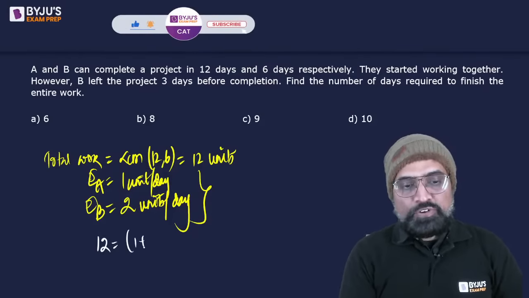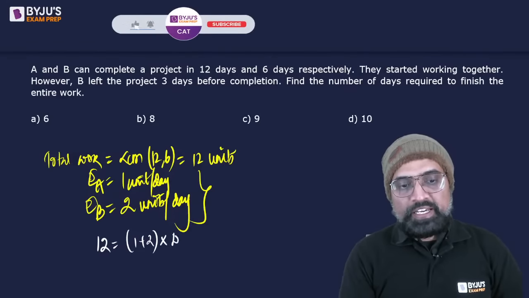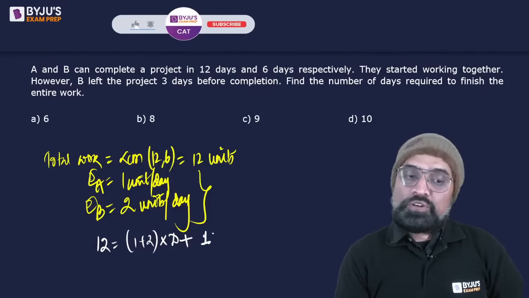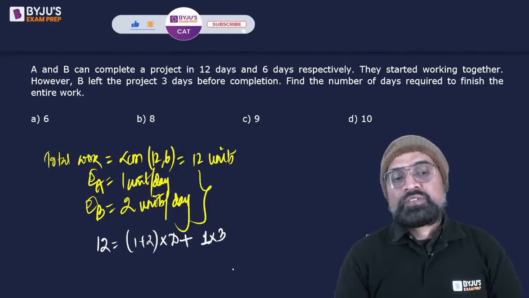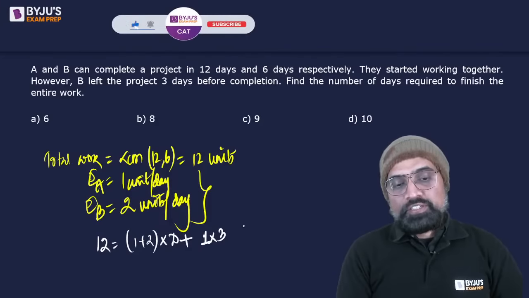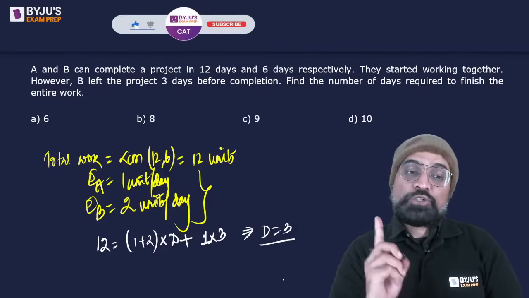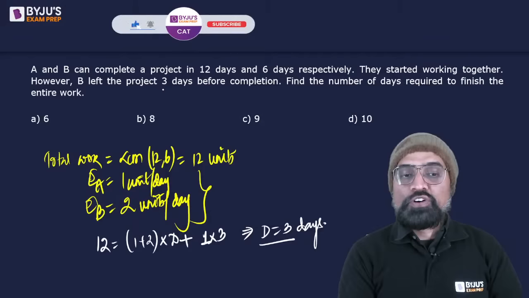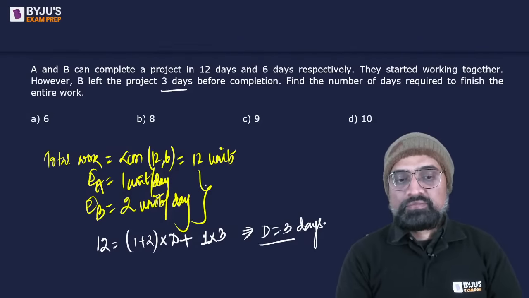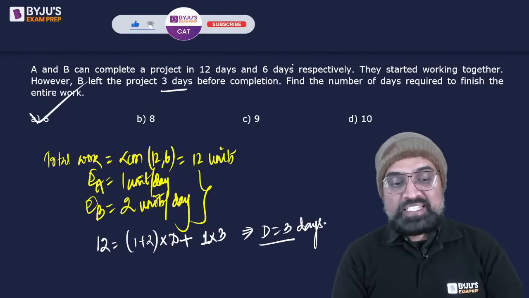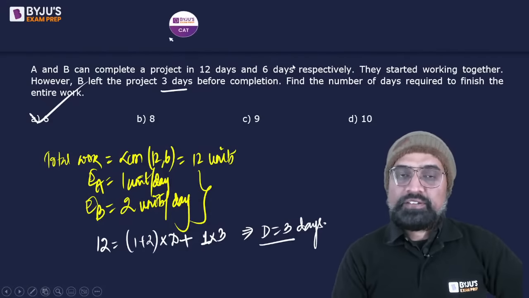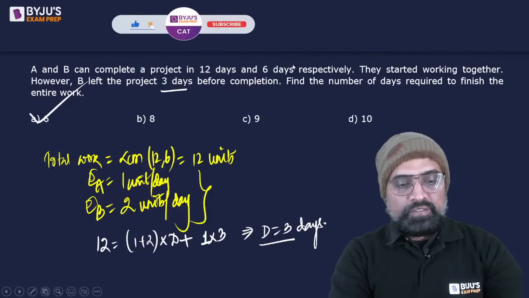A and B are working for a certain number of days. How many days we don't know. And then when B leaves, A was working alone for the next 3 days. So if we solve this, we will get the value of D is equal to 3. That means they together worked for 3 days and then A alone worked for 3 days. So they took a total of 6 days to complete the entire work. Okay?